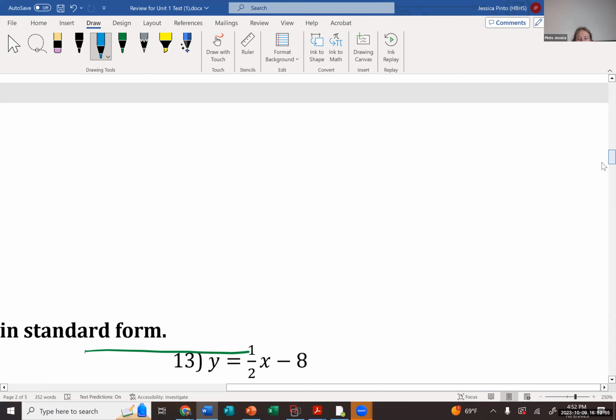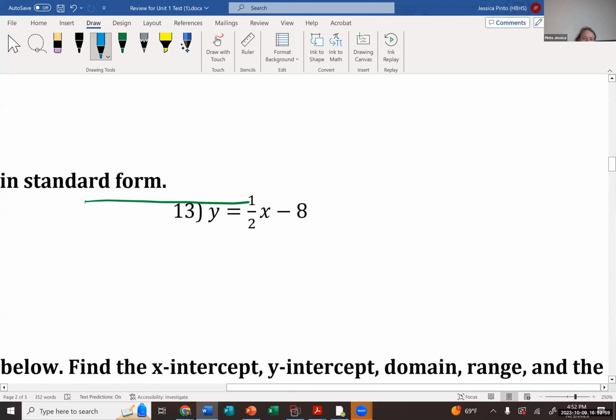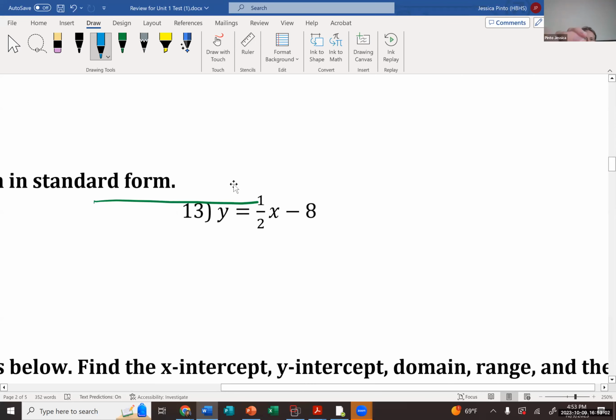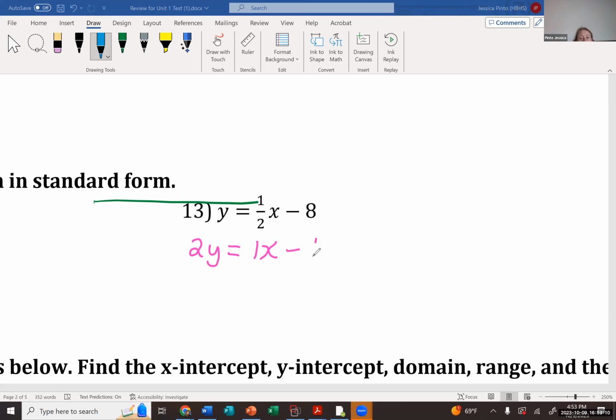So 13, we're going to do the same thing. Let's multiply everything by the denominator. That's going to be 2y is equal to 1x minus 16.